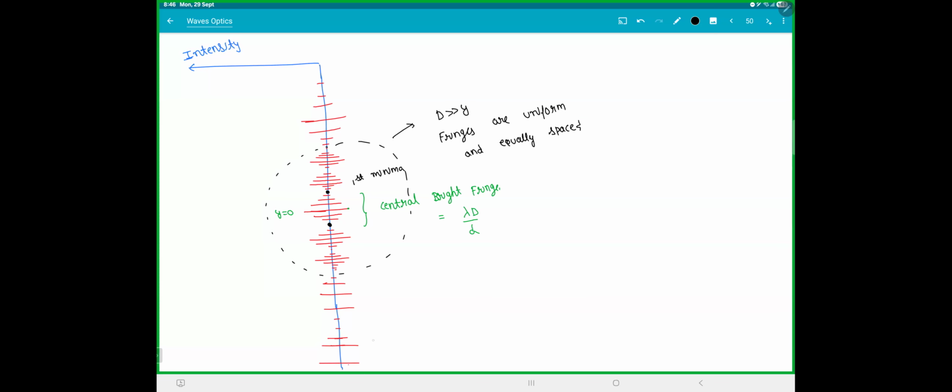Now, if you go too far from here, if this y is large, the fringes won't be closer, fringes spread out. And the fringe width will not be equal to lambda D by d anymore. The formula is not valid.